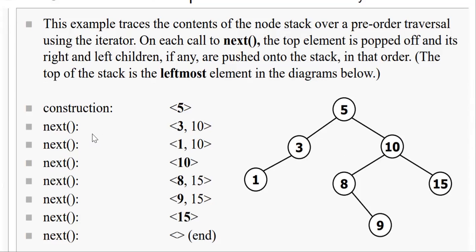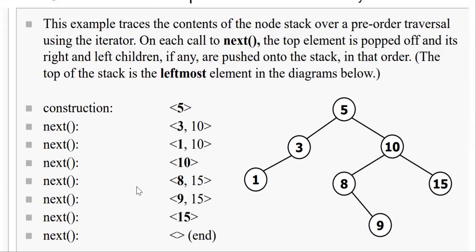Then we push the data 1 and 10. The 1 goes to the leftmost of 3, and 10 already exists, so we leave it. Then the next-of function gets 8 and 15.